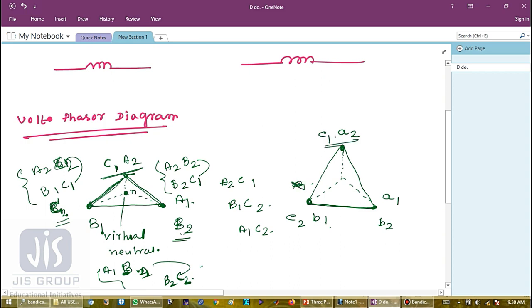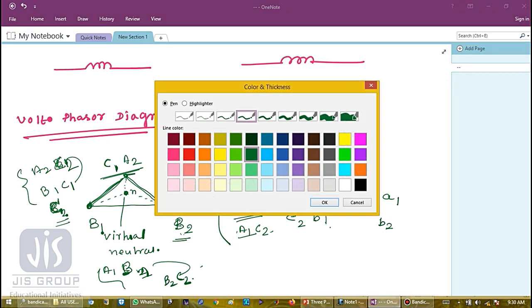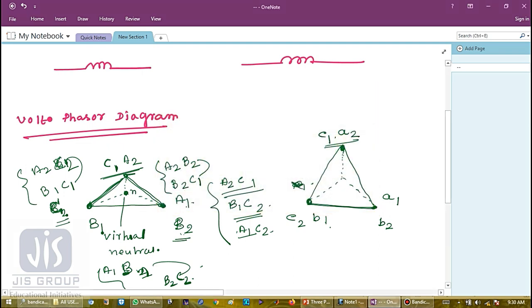So look, it is also true for the high voltage side connection. For the low voltage side, it is similar. Look, A2 C1, B1 C2, and B2 A1.